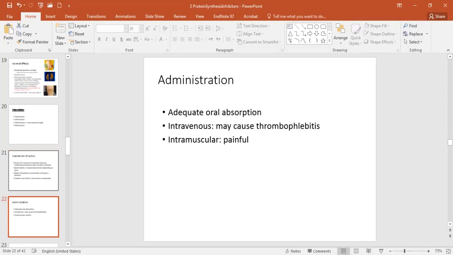It is given orally. Well, absorption is good. Intravenously may cause thrombophlebitis. Intramuscular is painful. أنا بالحقيقة ما شايف يعني injection of erythromycin or clarithromycin هو الماشي إنه يستعمل orally.